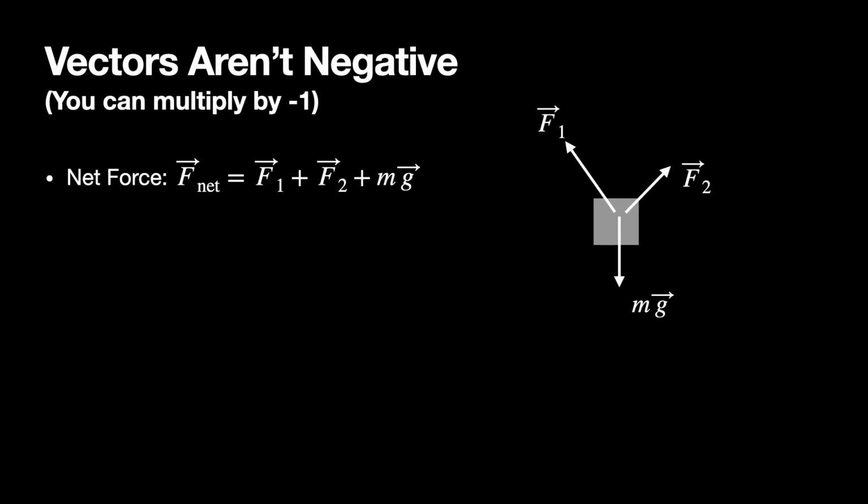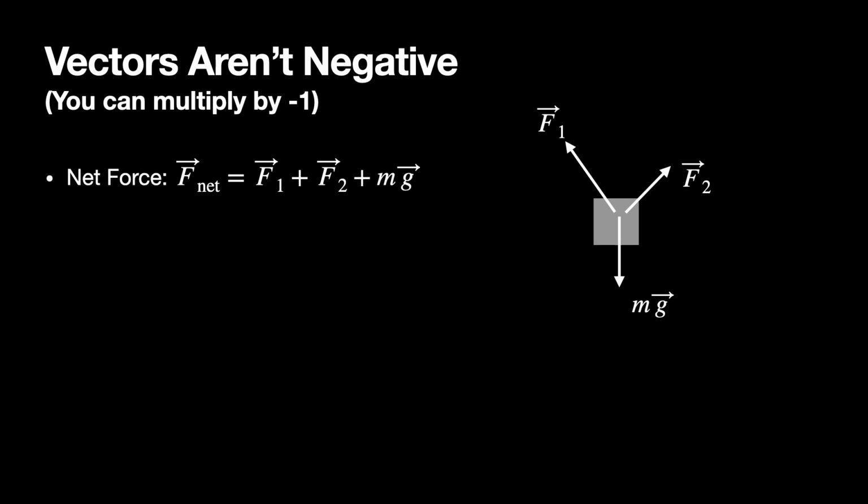Yes, g has a negative y component, so if you wrote down the y values, it would be negative. The component in the y direction is negative, but the vector itself is not negative. You can multiply a vector by -1. You can subtract vectors. But you don't say g is a negative vector, because it could be negative in the y direction and positive in the x direction. Then what do you do?